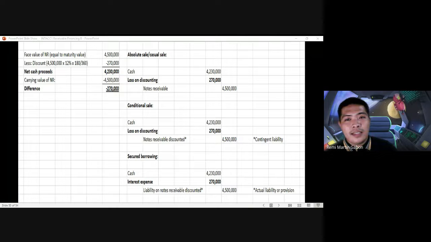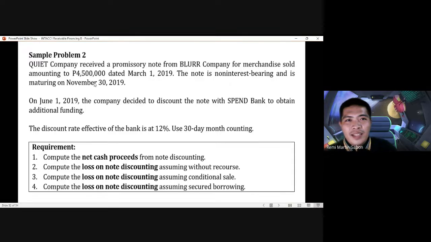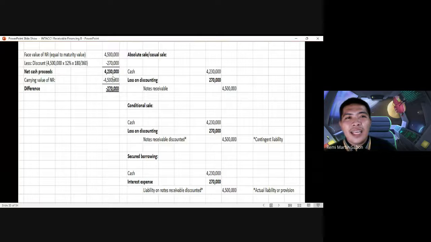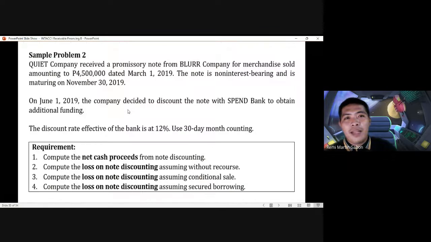Okay? So tanong, yung carrying value, correct ba yan? Eh wala namang ibang value na ibinigay sa atin dito. Since non-interest bearing, yung carrying value natin equal na sa 4,500,000. Hindi naman inamortize.